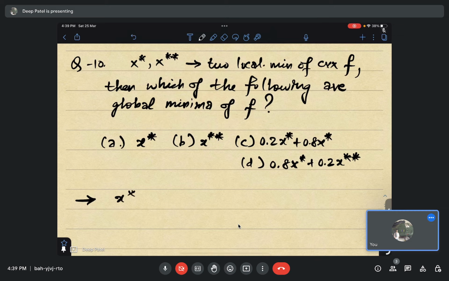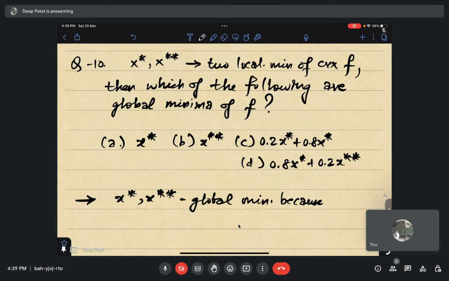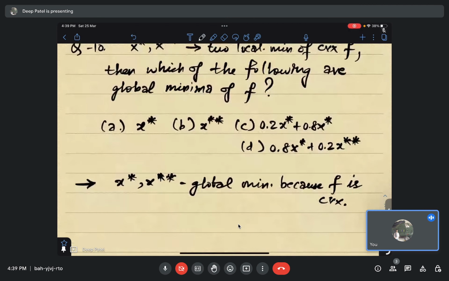Why is that? Because in a convex function, any local minima is a global minima, as we saw above. Now can we say anything beyond this?